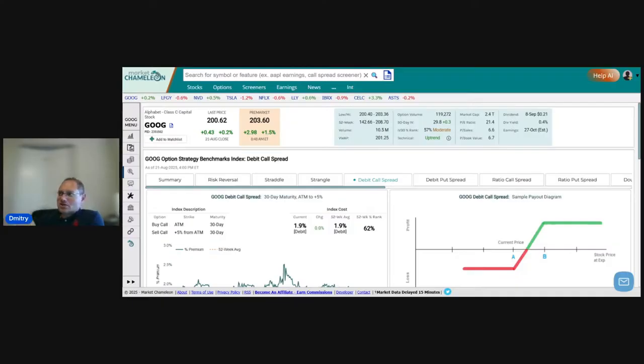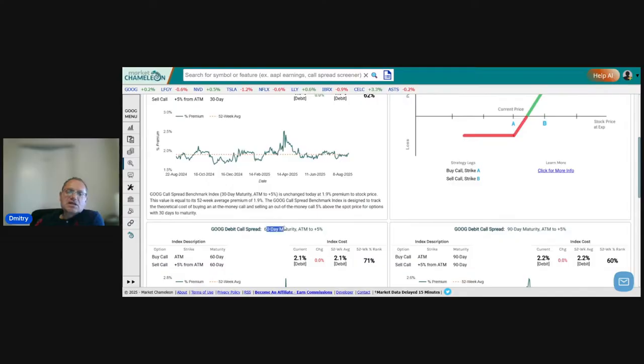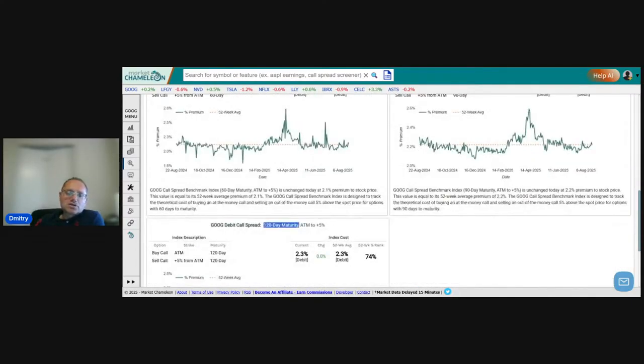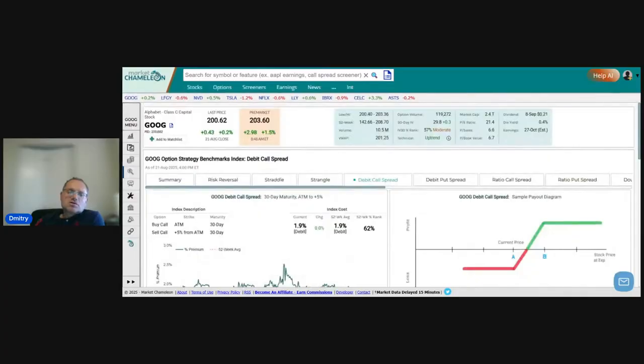Just like if you're tracking a 15-year mortgage or a 30-year mortgage, you've got to define that term, the maturity. So in this instance, we have a 30-day constant maturity. We also have 60 days, 90 days, and 120-day constant maturity.